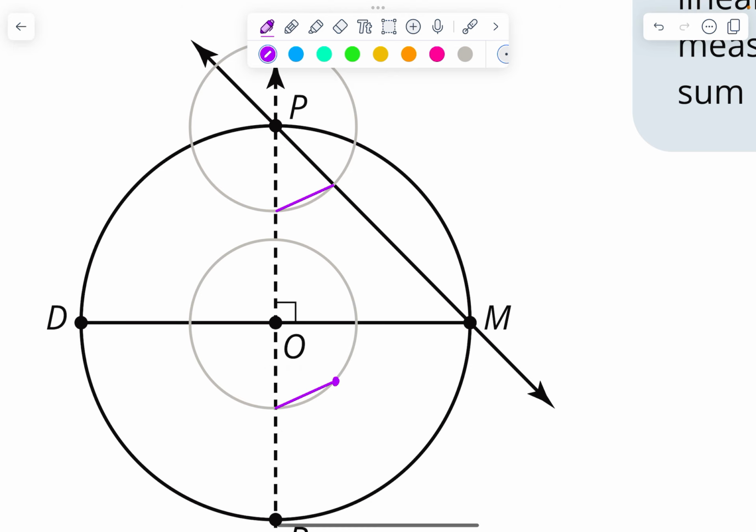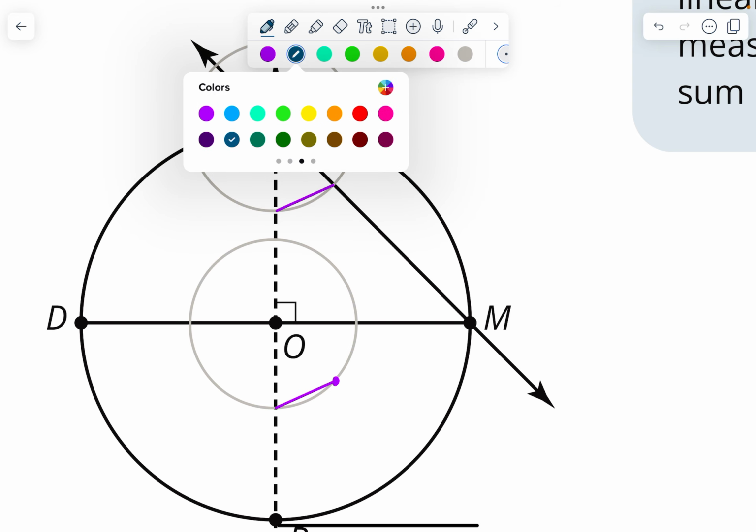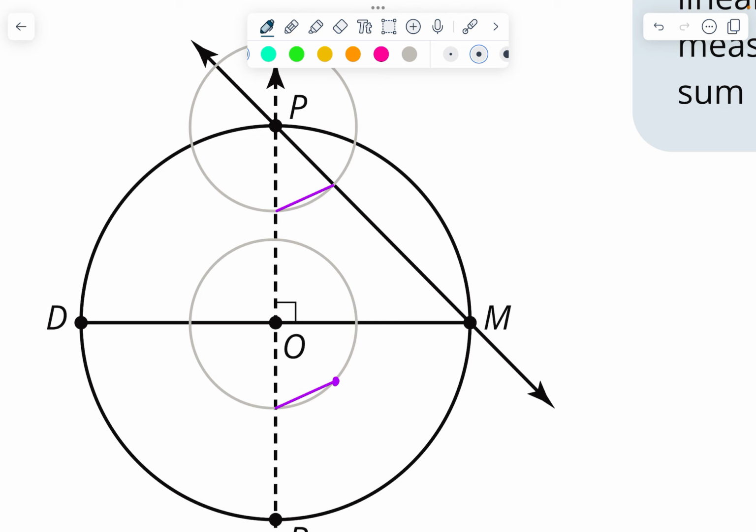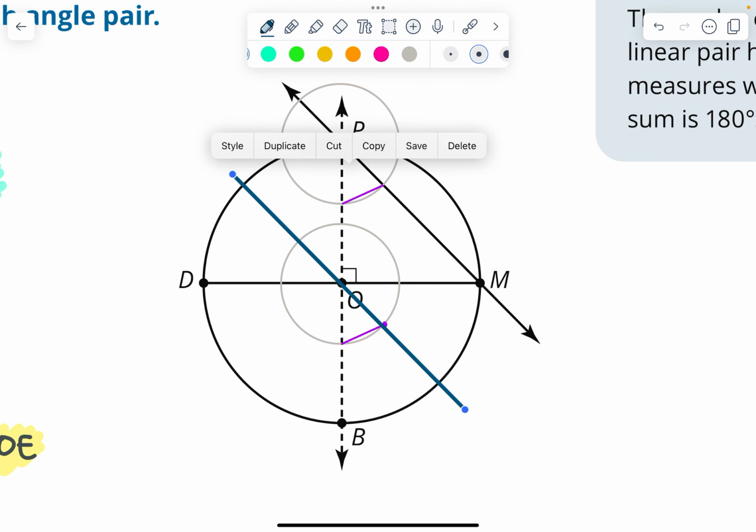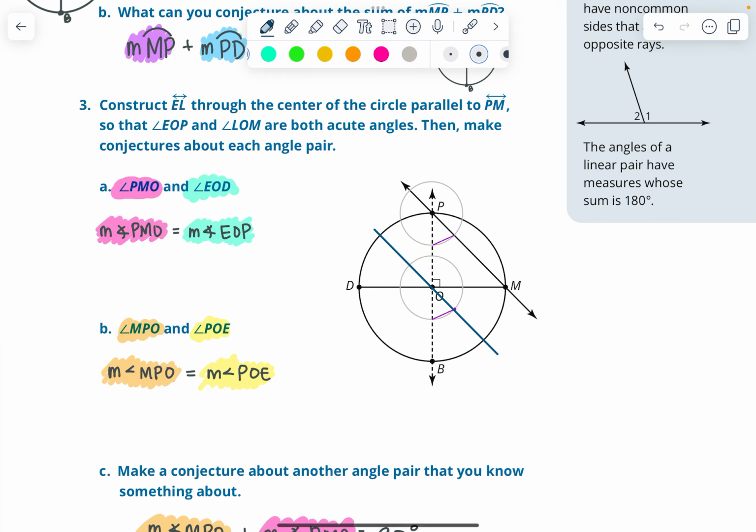And I want to draw this line from O through that point. Okay. All right, and voila. Just created a parallel line. Okay, and of course you would do that with your compass. We have done it before.